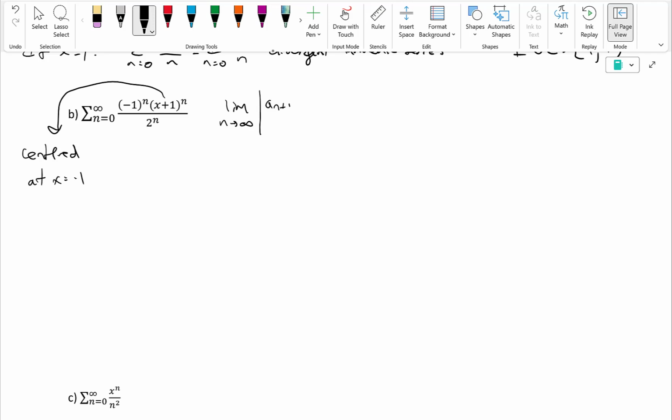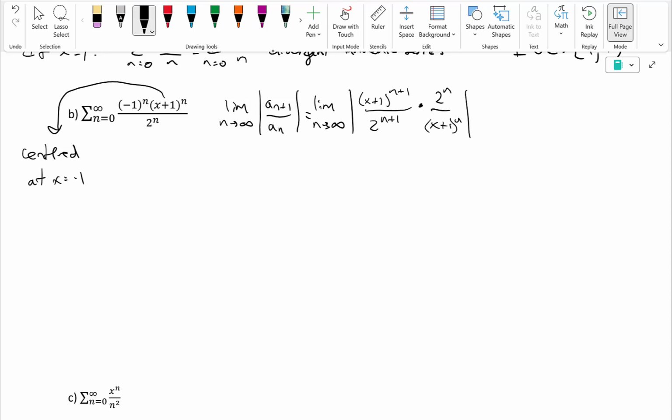So our limit as n approaches infinity of a sub n plus 1 over a sub n would give us the absolute value of x plus 1 to the n plus 1 over 2 to the n plus 1, times our reciprocal, 2 to the n over x plus 1 to the n. We don't need the (-1) to the n's anymore.